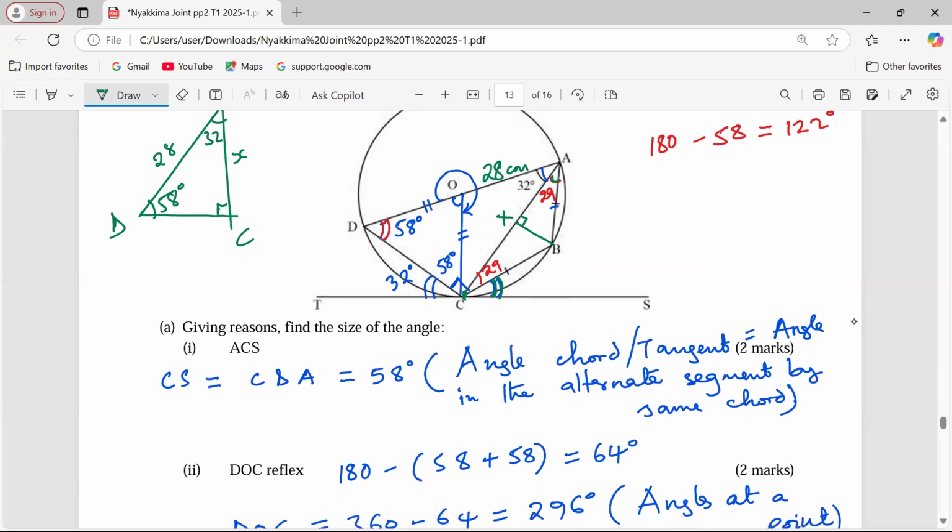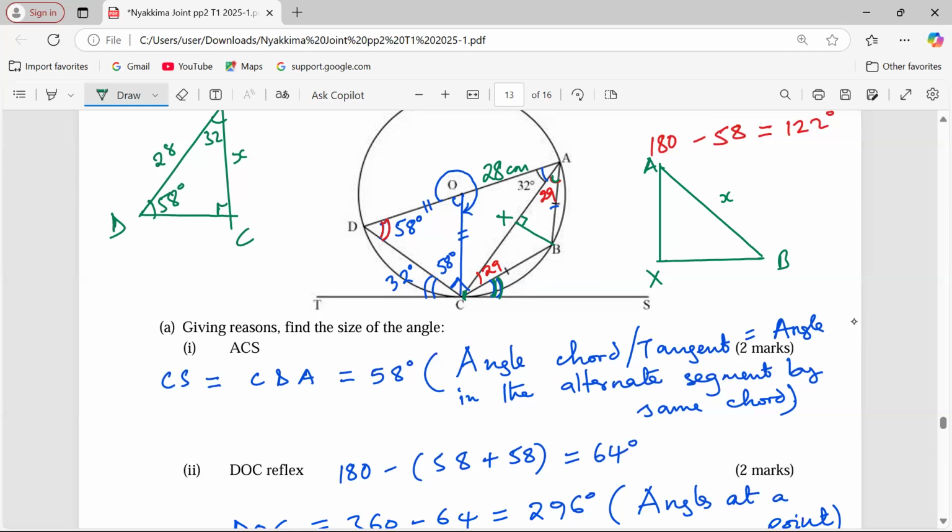Then we shall be using a triangle like this. If this is point A, this is X, then this is B. Remember, we want AB, and AX can be calculated by taking half of AC.